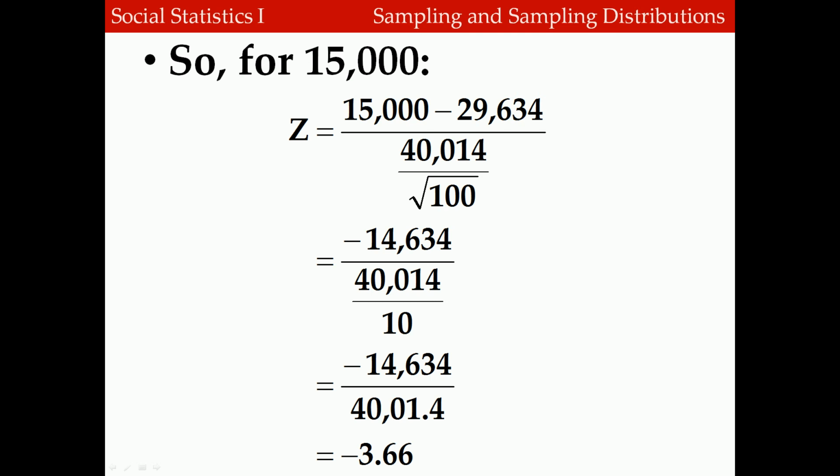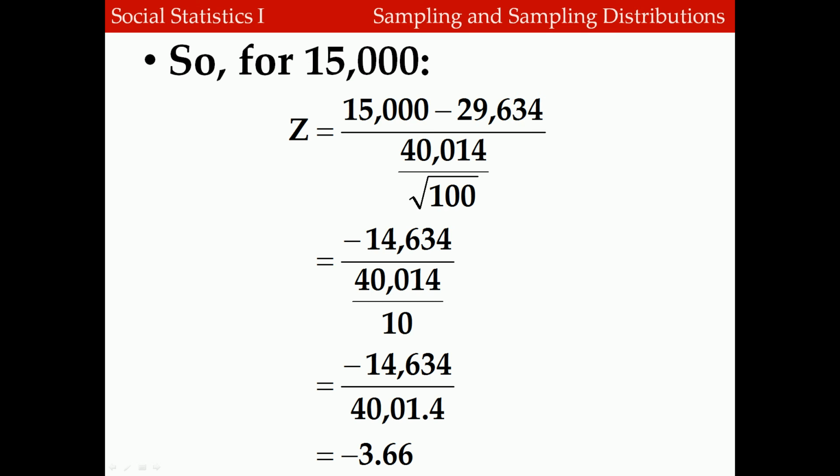And so let's start with 15,000. How do we turn that into a z-score? Well, we'll take our raw score, our sample mean of 15,000, subtract the true population mean, 29,634, and we divide that by the standard error, which is equal to the true population standard deviation, 40,014, divided by the square root of n, or 100. And when we do the arithmetic, we get a value of negative 3.66.